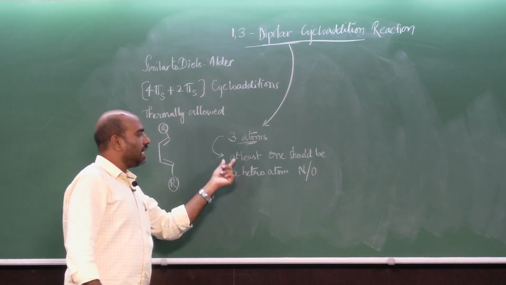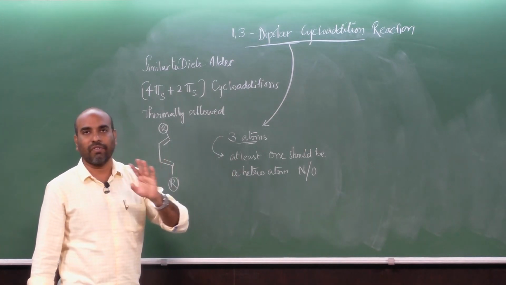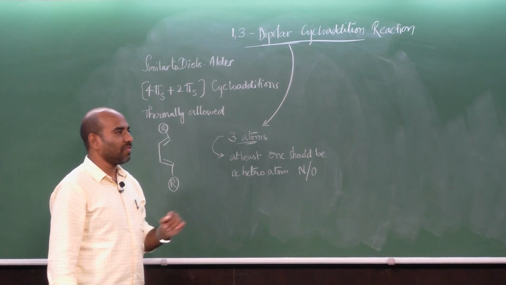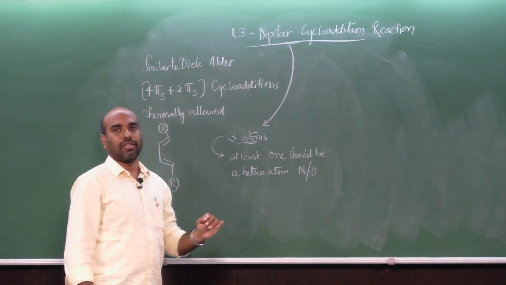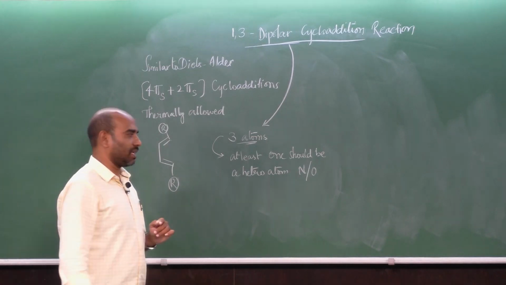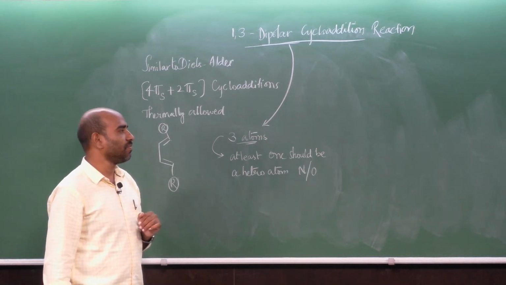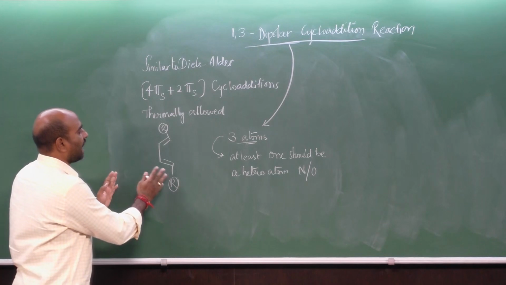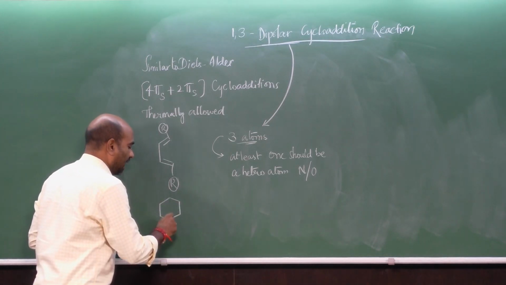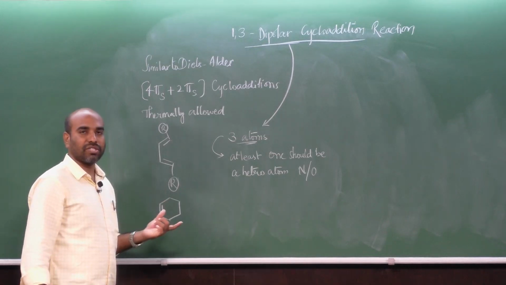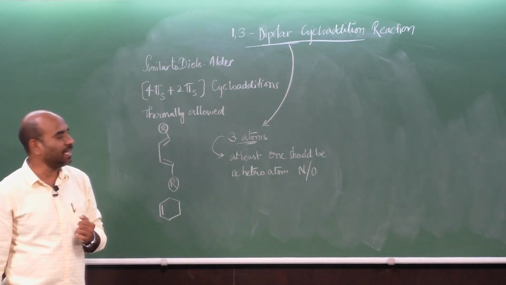And out of these 3 atoms, one is for sure a heteroatom, and it might be either nitrogen or oxygen, or both may also be present sometimes. Okay. So a typical Diels-Alder reaction helps you in the synthesis of a cyclic adduct, mainly based on the cyclohexene, right.